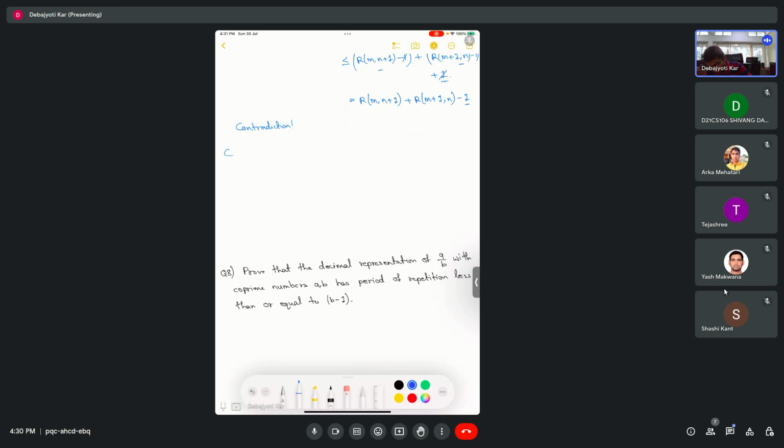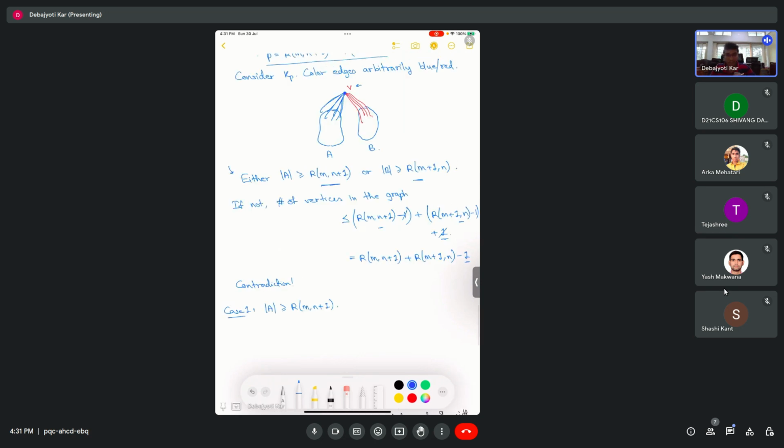So case 1. In this case, if the size of A is large, by definition, what is R of m comma n plus 1?